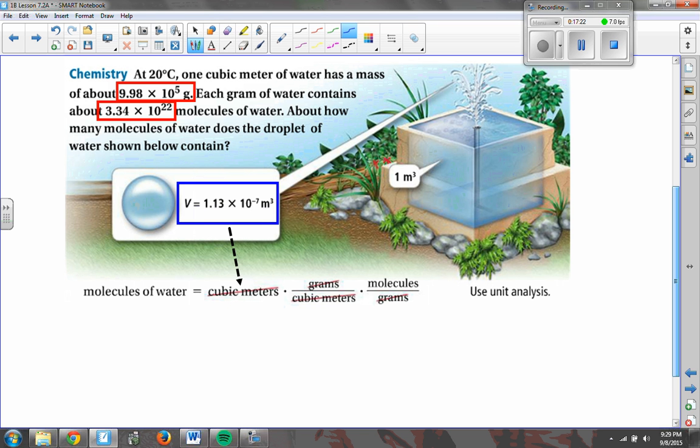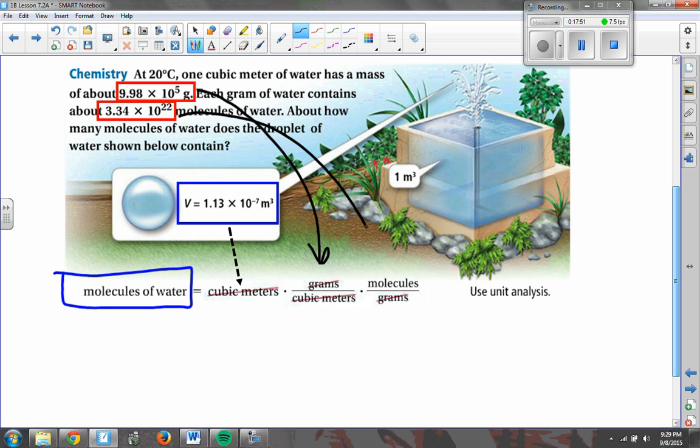All right? So here's what we're trying to find. We are trying to find molecules of water. We are given some information about the cubic meters. That's right here in this blue box. We are also given some information about how many grams there are in every cubic meter. That would be right here in this top red box. That's going to go there. And we're also given how many molecules there are in 1 gram of water.